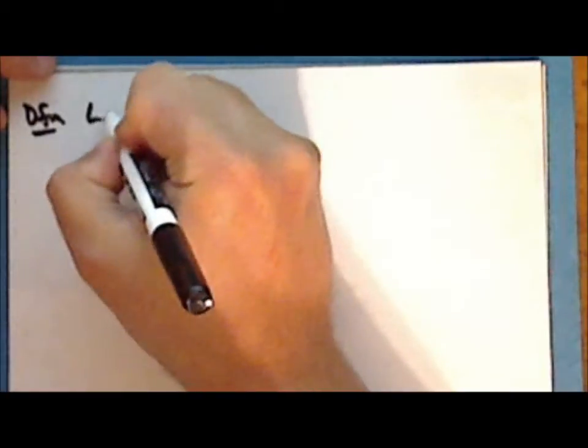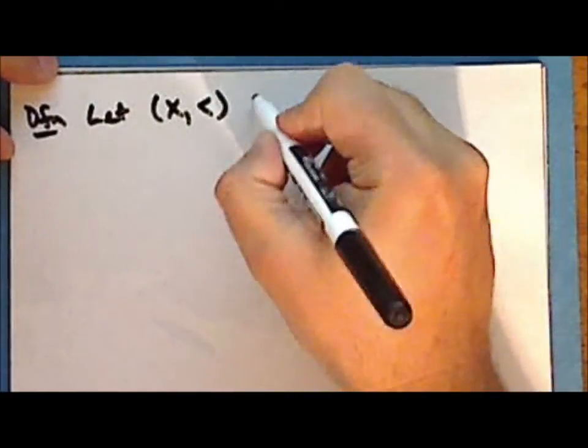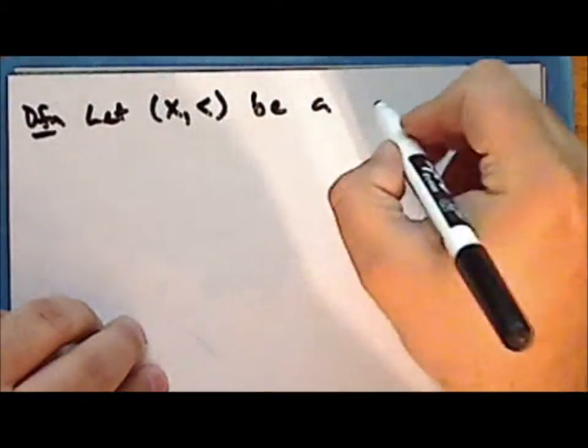So new definition. Let X together with the relation less than be a simply ordered set.